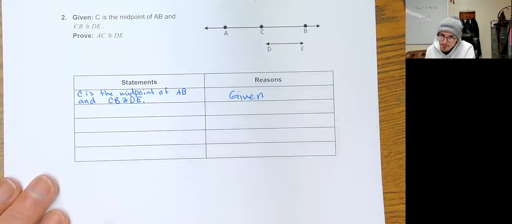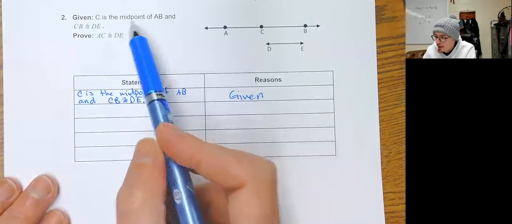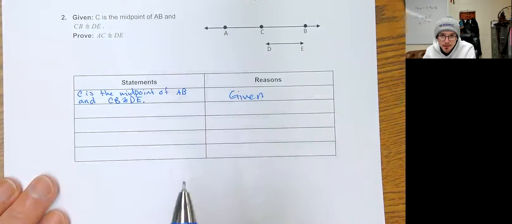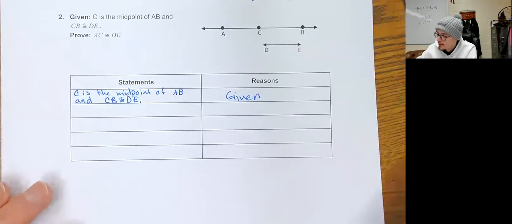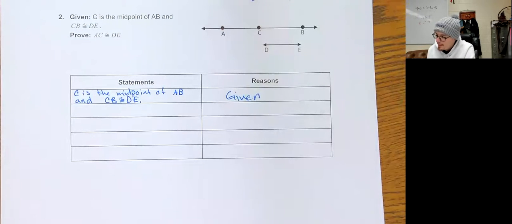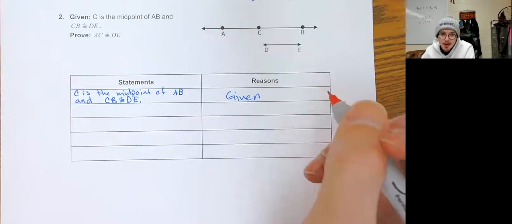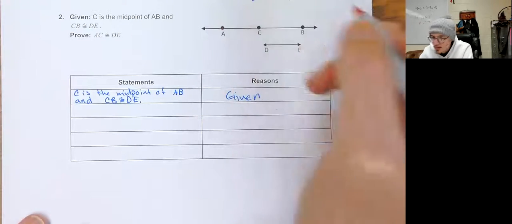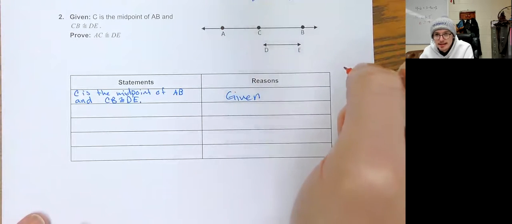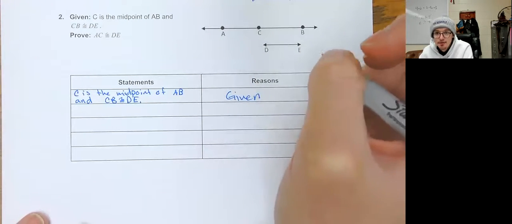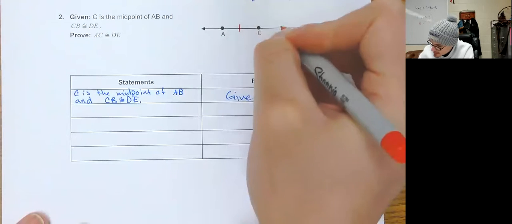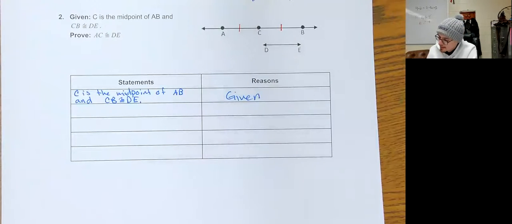Okay, now I'm going to use this midpoint. What is special about a midpoint? Well, a midpoint is a bisector. It's a segment bisector. A midpoint, the middle, means it bisects the segment that it's in the middle of in half. So this piece is congruent to this piece.